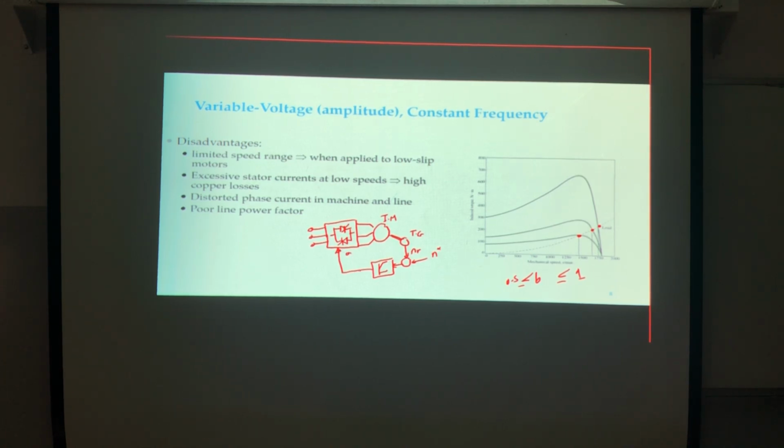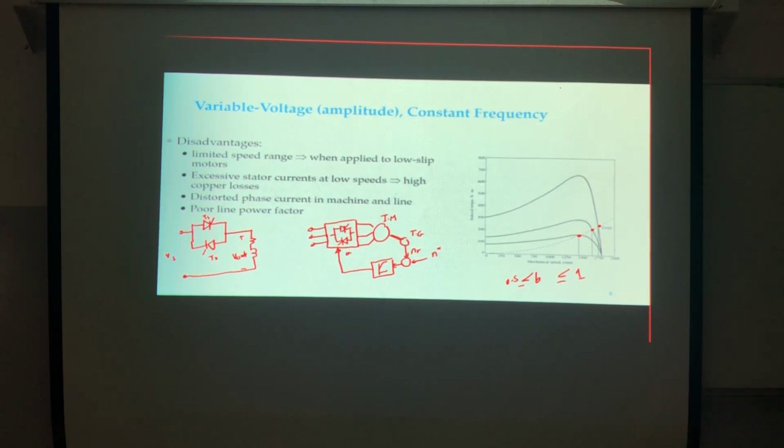If I'm taking one phase, and let's assume here I'm having a load, and this is Vs, and this is Vr. Here I'm having two thyristors, T1 and T2.